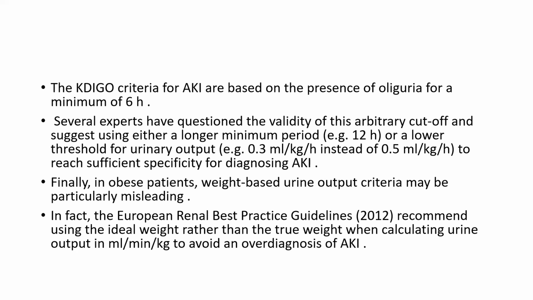Finally, in obese patients, weight-based urine output criteria may be particularly misleading. In fact, the European Renal Best Practice guideline recommended using the ideal weight rather than true weight when calculating urine output in ml per kg per hour to avoid overdiagnosis of AKI.